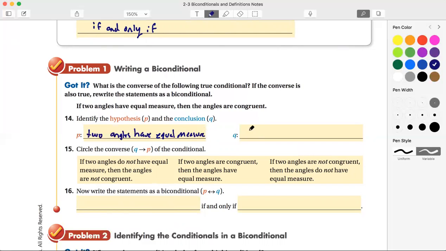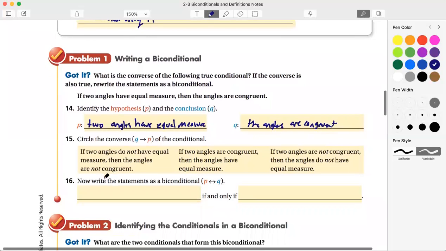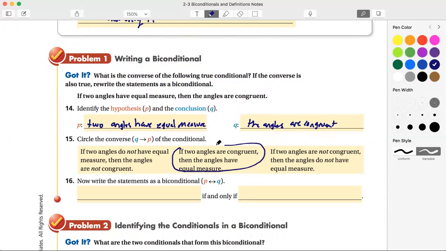The conclusion: the angles are congruent. Which one represents the converse? We just switch the order. If two angles are congruent, then the angles have equal measure.